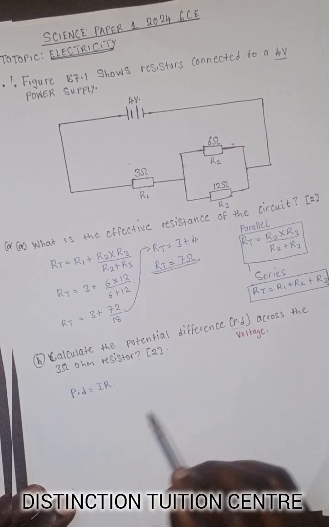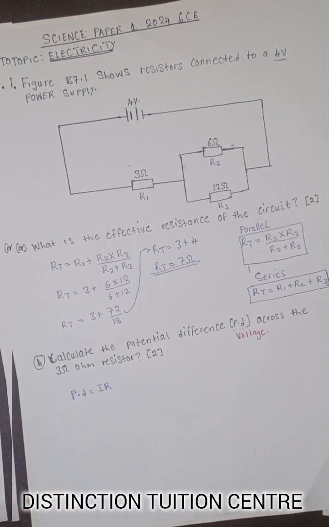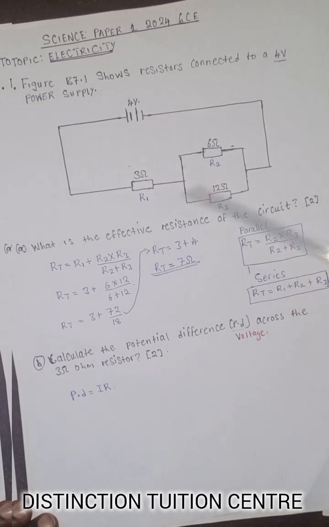Do we have the current? We don't have the current, so we need to calculate the total current in the circuit. Why is it important?